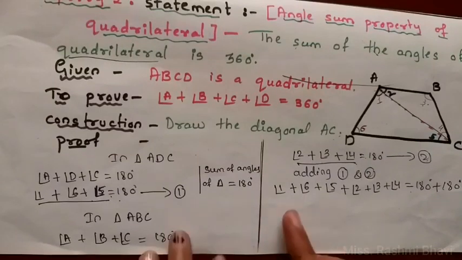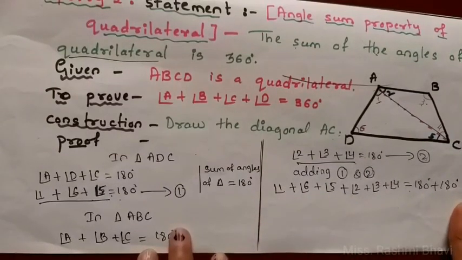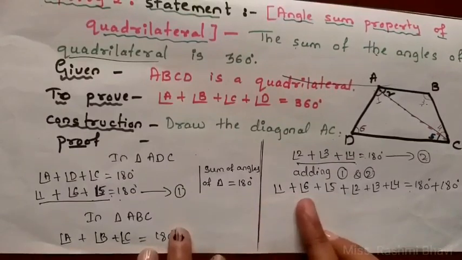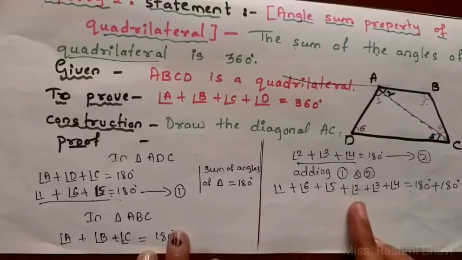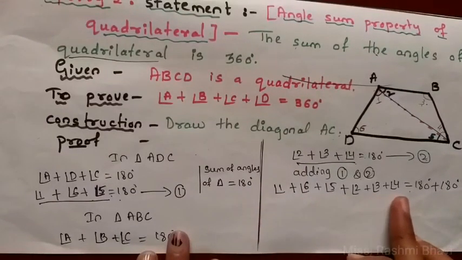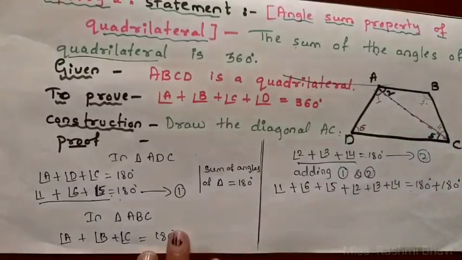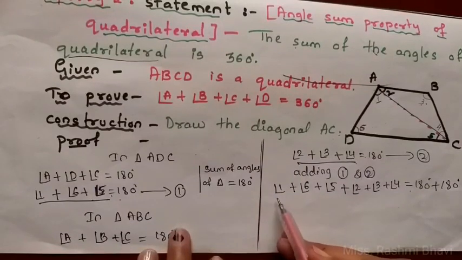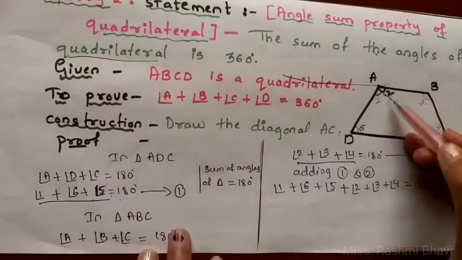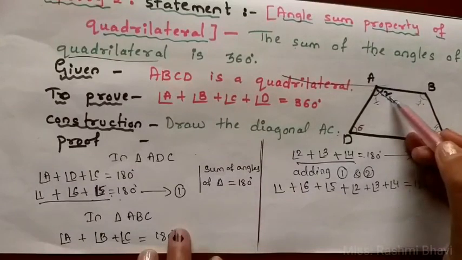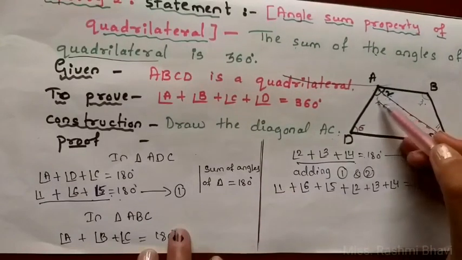Now observe this equation. Here angle 1, angle 6, angle 5, angle 2, angle 3, angle 4: these all are the angles of the quadrilateral. So here, angle A is what here?